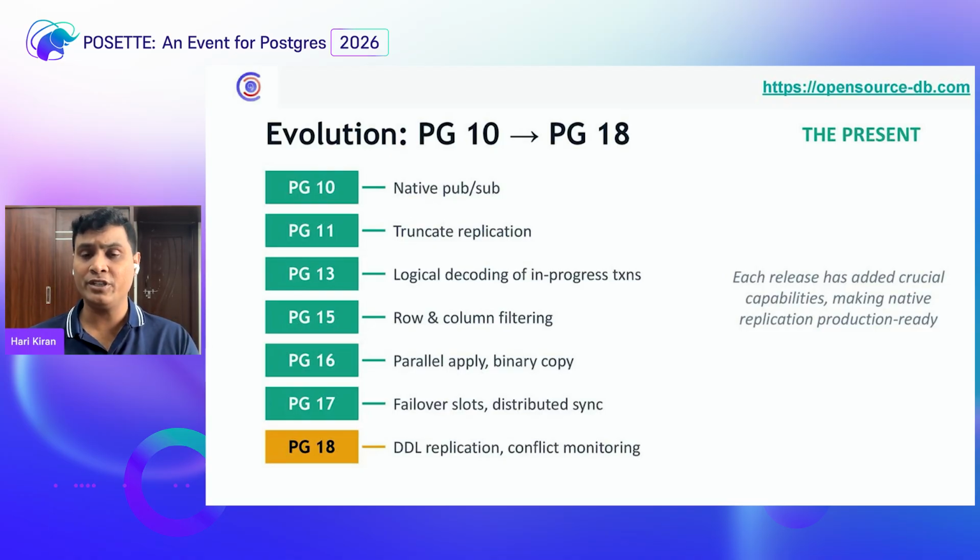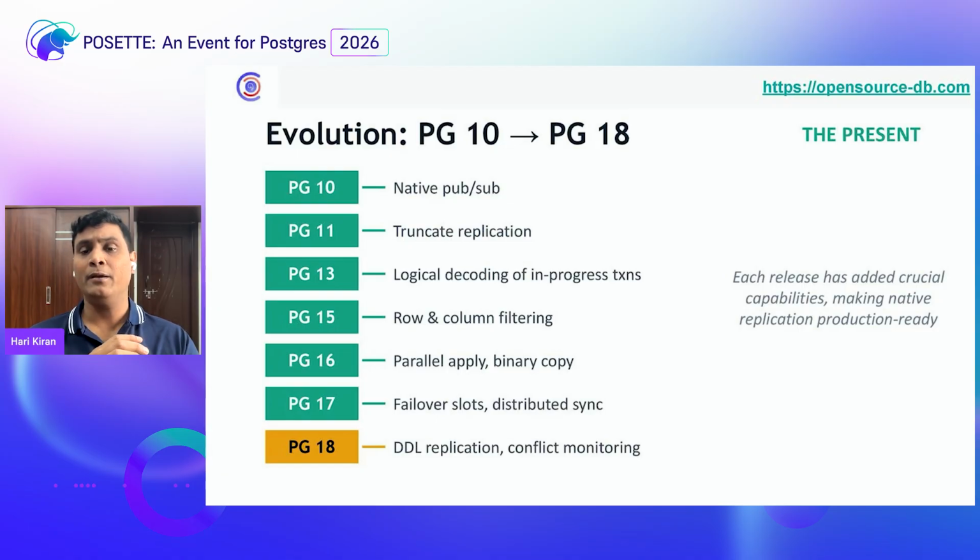The real game changer came in PG15 and 16, right? PG15 gave us row and column filtering finally, right? Now you could publish only a subset of the rows, with a WHERE clause. And you would appreciate that off the entire 10 million row table, you want to broadcast only a million or a few hundred thousand records and choose exactly which columns to replicate.